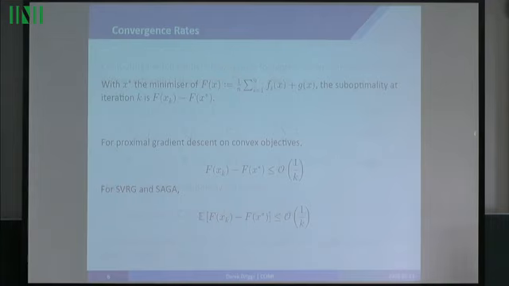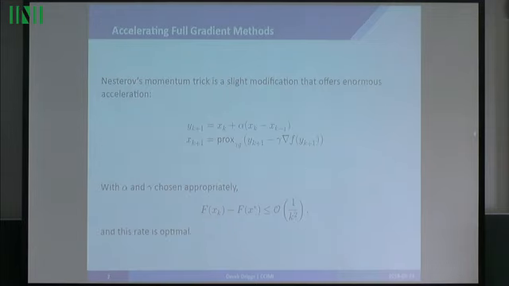When we're measuring the performance of these optimization algorithms, we want to bound how far we are from the solution at iteration k. Proximal gradient descent achieves a 1 over k convergence rate. And we can also show that SVRG and Saga achieve a 1 over k convergence rate in expectation. And we would like to do better.